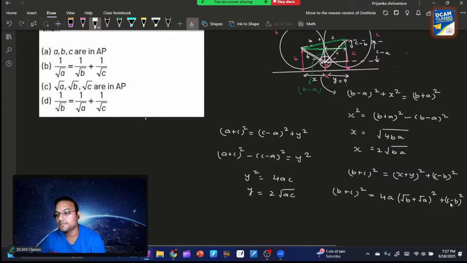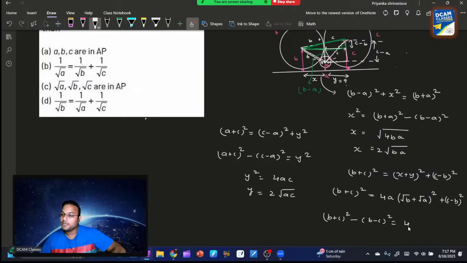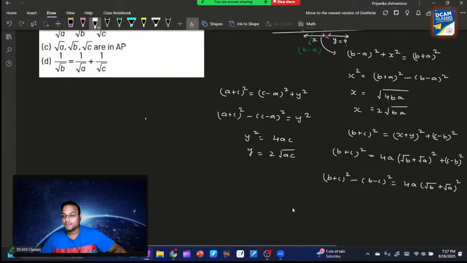Now you'll get the answer. Here B plus C whole square minus B minus C whole square is equal to 4A into root B plus root A whole square. So it will become 4BC.